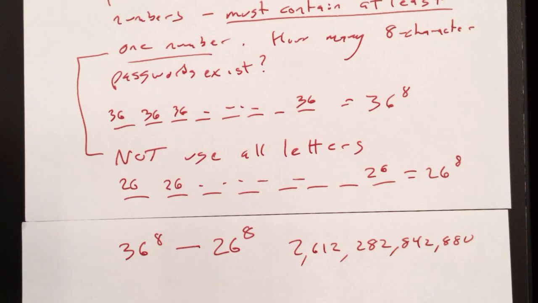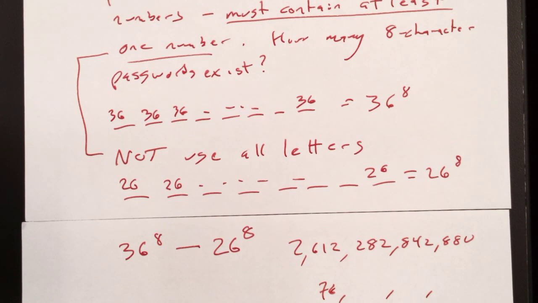What's 36 to the 7th? 78 billion. Stop right there. Look at how much smaller that number is. Why is that number so much smaller?